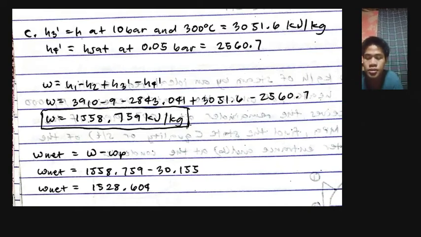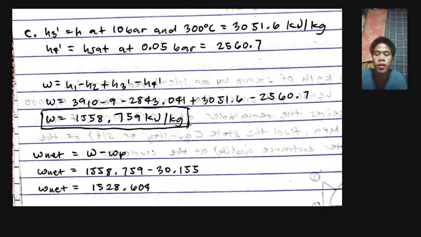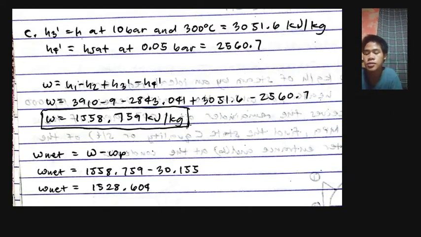And then, substituting it, since the given values are already there, W equals 3910.9 minus 2843.041 plus 3051.6 minus 2560.7, and calculating it, W equals 1558.759 kilojoules per kilogram.